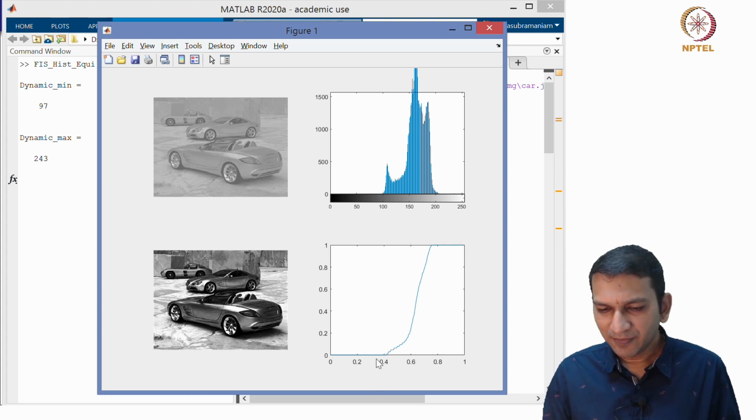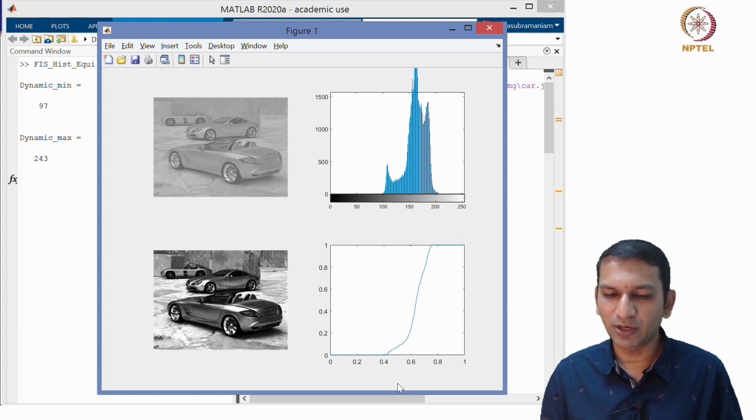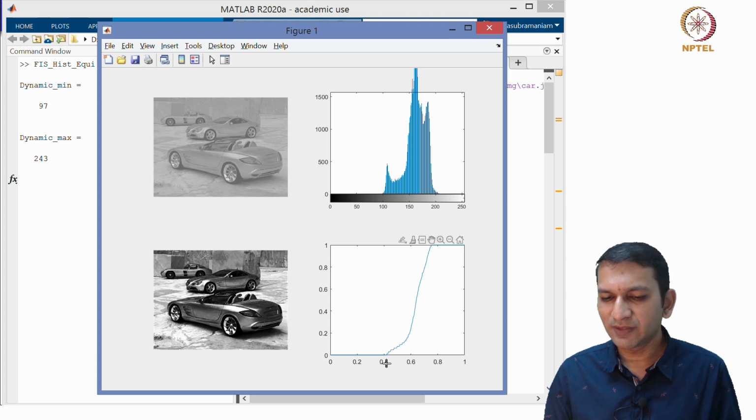You will see once again that around 40% of 0 to 255, of course these x and y axes are normalized. So 0 to 255 is mapped to 0 to 1 on both x and y axis. So around 97 would imply around 40%, 0.4 on this axis, and around 200 is essentially around 80% or 0.8 on this axis.